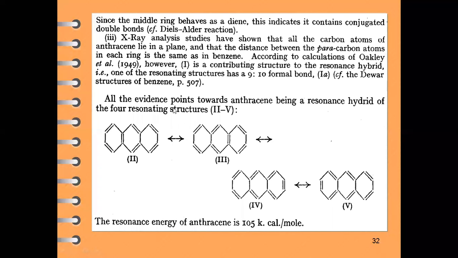So all this evidence points towards anthracene being a resonance hybrid of structures. So structures 2 and 4 are the resonating structures having double bonds at para position.